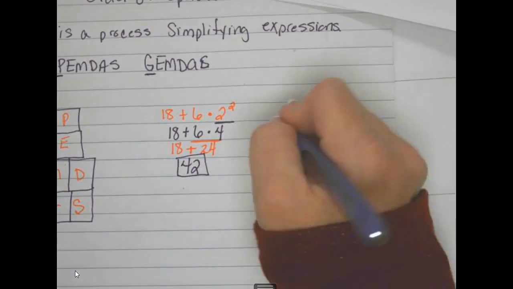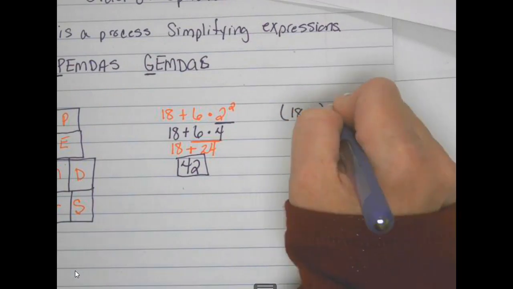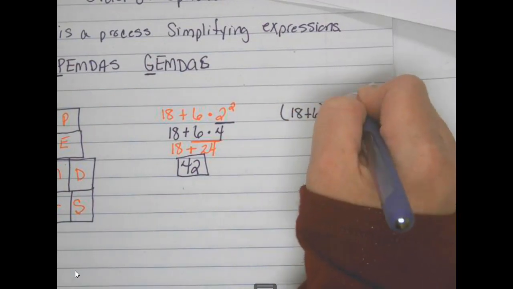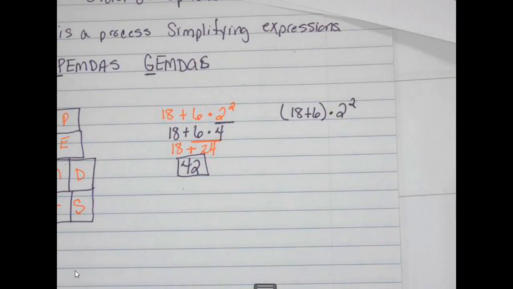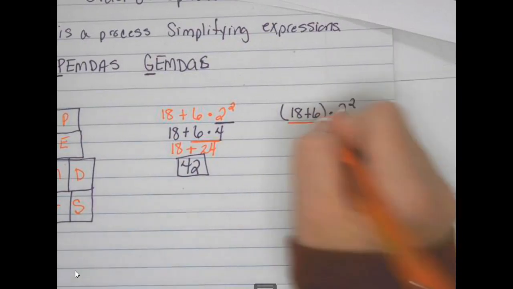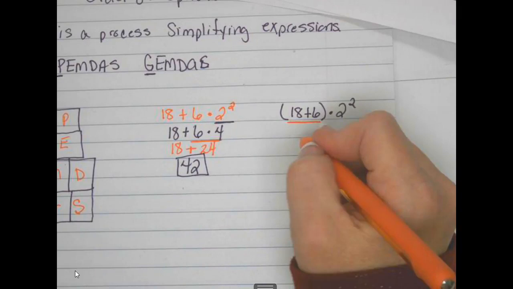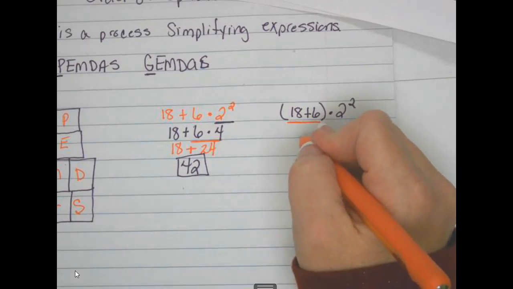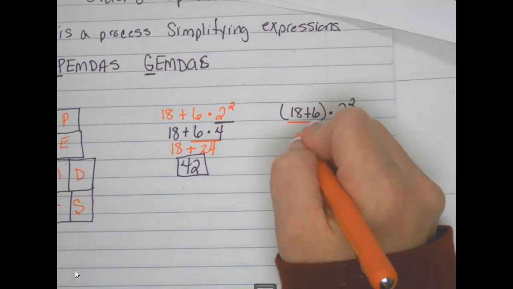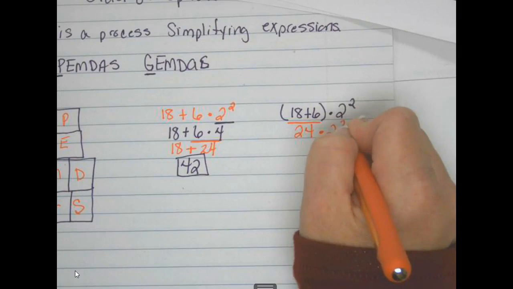Let's try another one. 18 plus 6, all times 2 squared. Do I have any parentheses? Underline the parentheses. Underline what you're going to solve. 18 plus 6 is what? 24 times 2 squared.